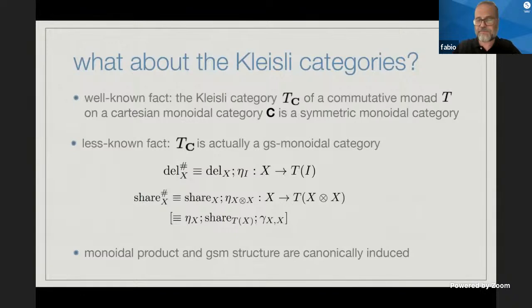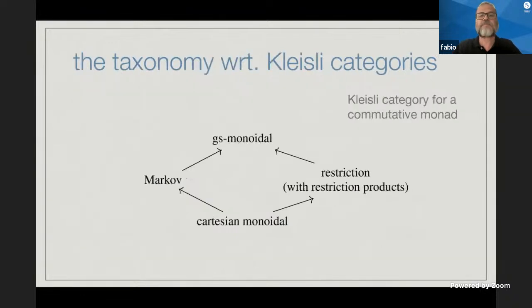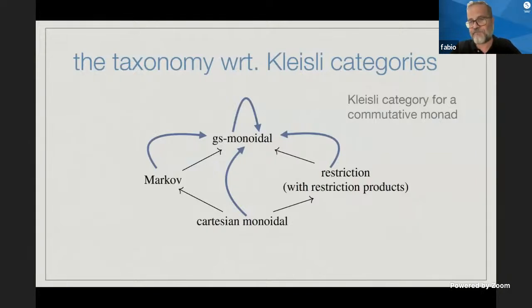Now, this is the taxonomy that I was showing before: gs-monoidal, Markov, restriction, and Cartesian. What happens if I have a commutative monad? Well, all the Kleisli categories are gs-monoidal.